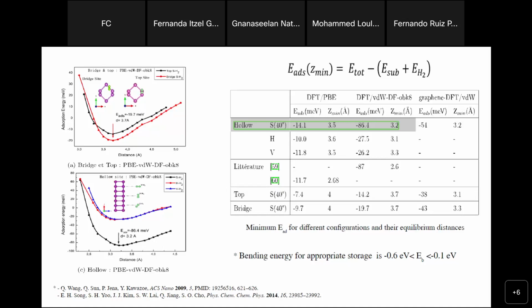Here in this figure, I presented the variation of the adsorption energy as a function of the distance to look for the minimum of the binding energy for different configurations.